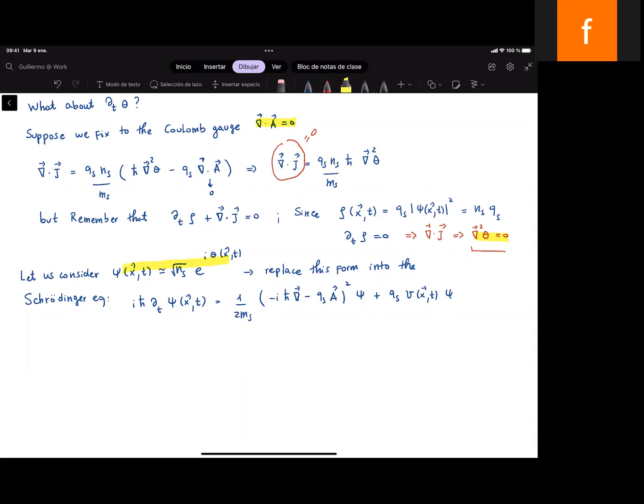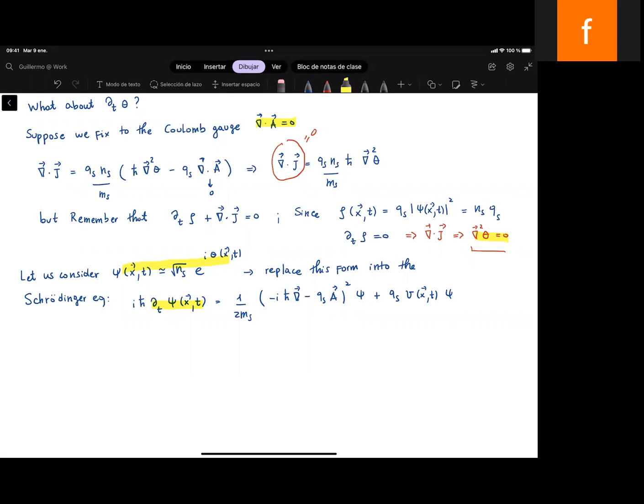If you take this form, it is quite clear that if I take the derivative of the wave function, it for sure will involve a derivative acting on the phase, because we have to take the derivative of the exponential function, and then a derivative of the phase will appear.